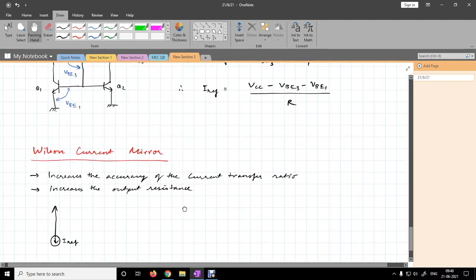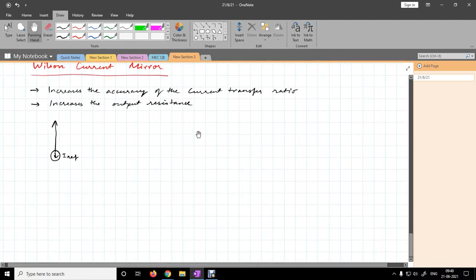So now back to Wilson mirror. So this was I reference. Then I have like this. This goes to another transistor. This is minus VEE.